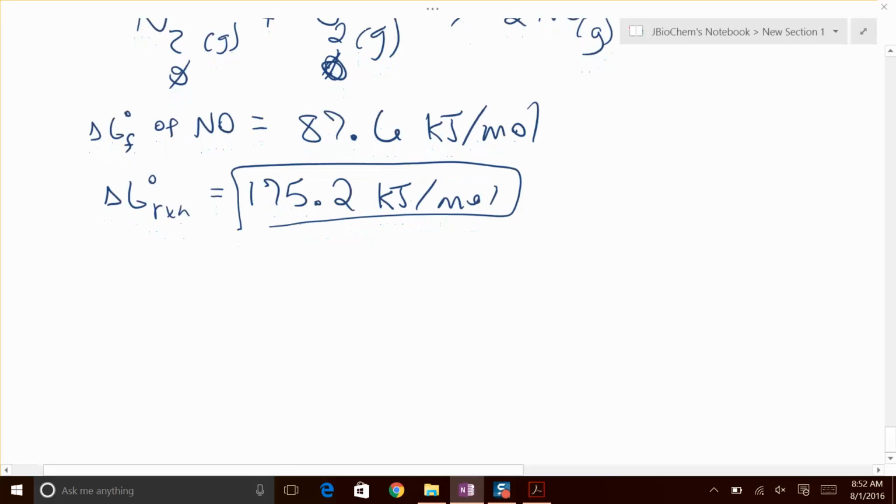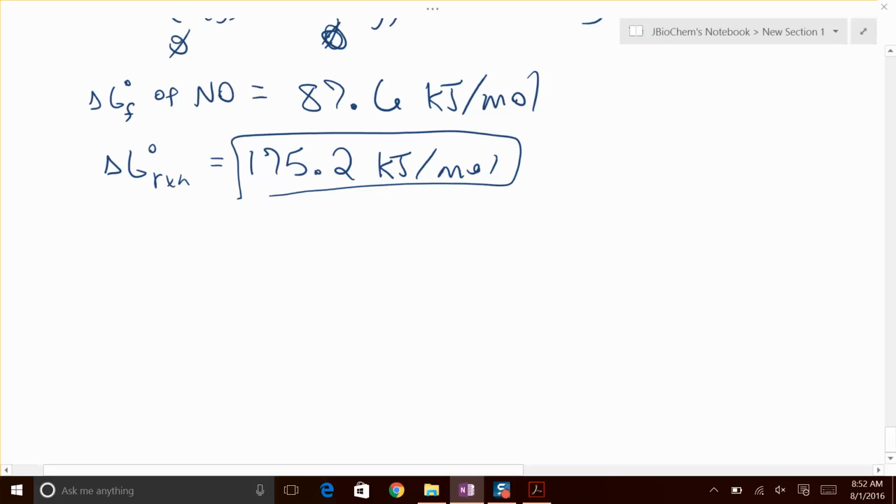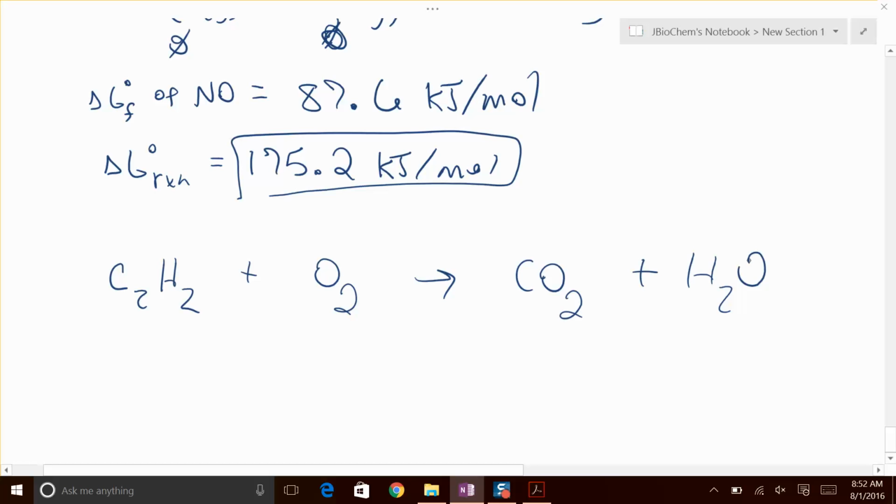Okay, let's try another one. C2H2. What is the delta G of formation for O2? 0.